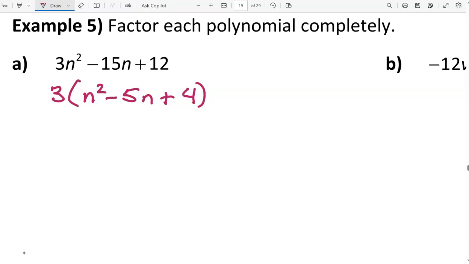The trinomial inside the parentheses has an a of 1 and a c of 4. So a times c is 1 times 4, which is 4, and pairs of factors of 4 that add up to negative 5. The pair that we're looking for is negative 1 and negative 4, because negative 1 times negative 4 is positive 4 and adds to negative 5.